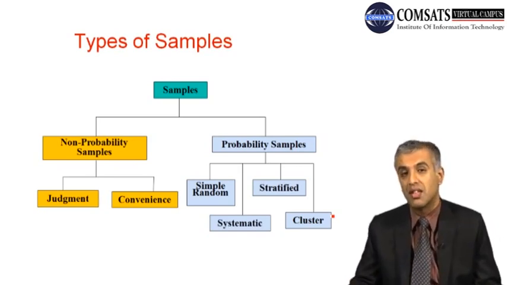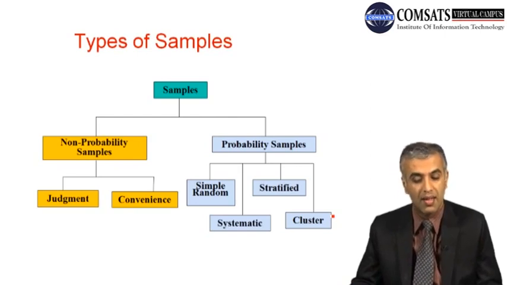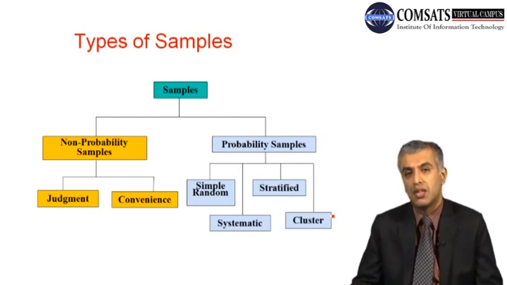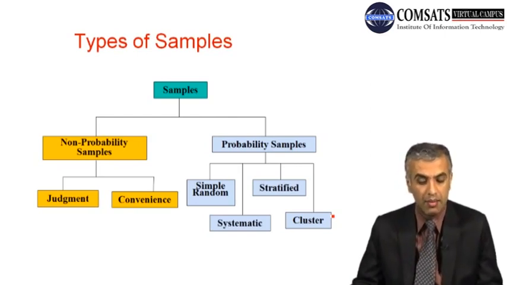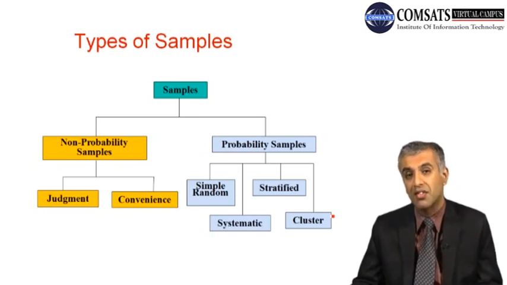Basically in this, the sample is collected not based on a certain pattern, but just on how accessible the respondents are to the researchers. Then we have the other types like simple random sampling, systematic sampling, stratified, and cluster.